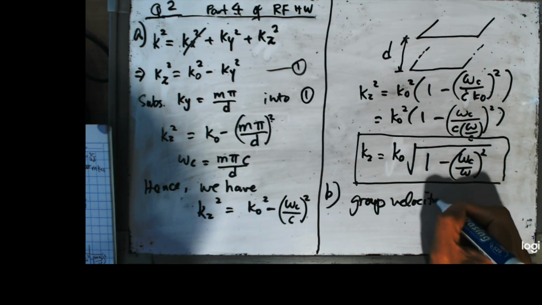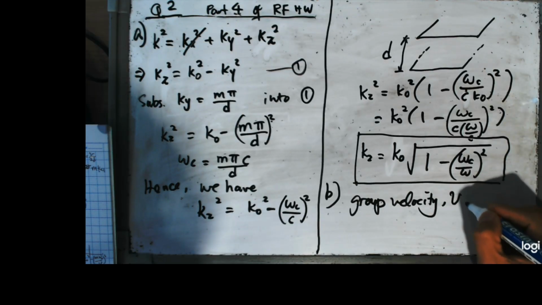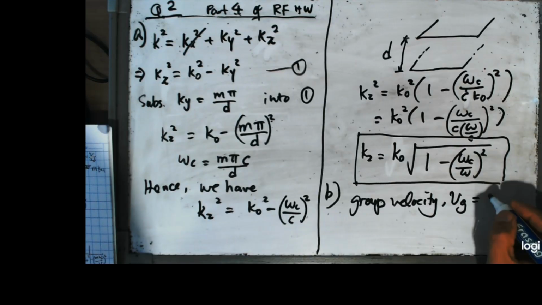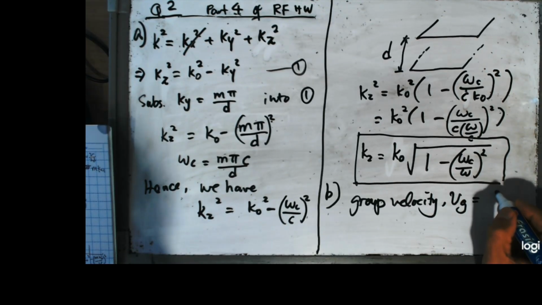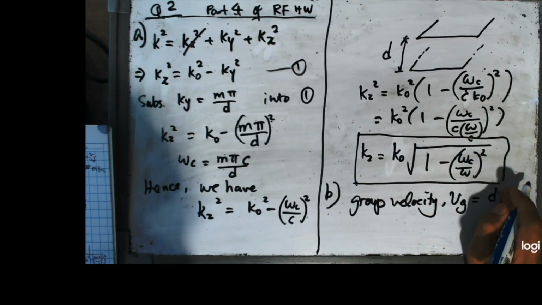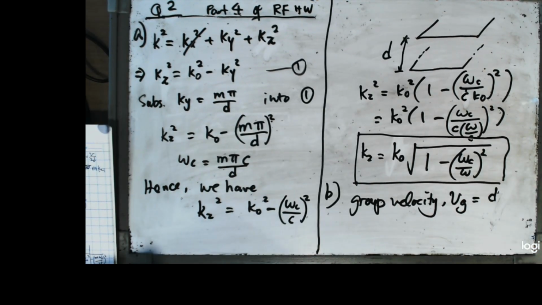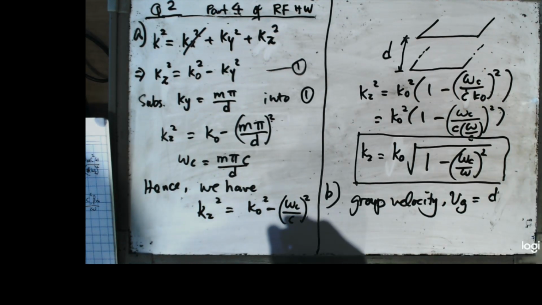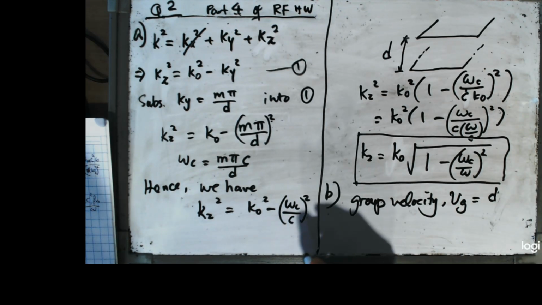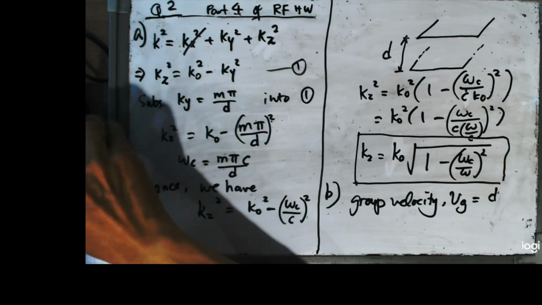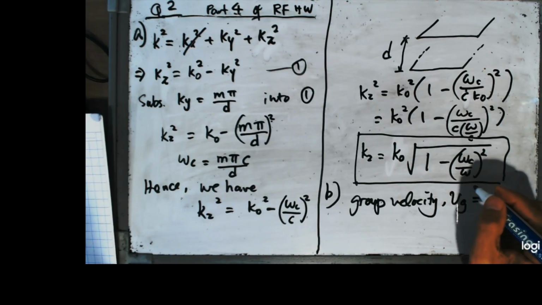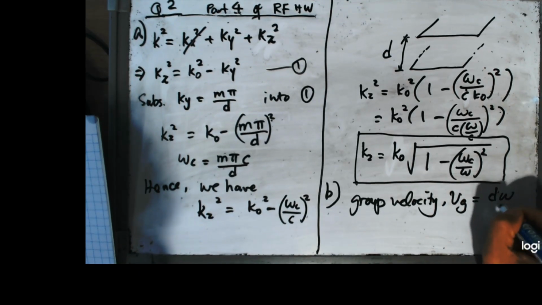The group velocity is equal to d omega d beta.